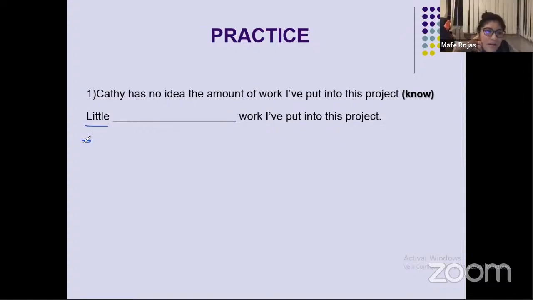It means little idea, you know? She almost doesn't know. Little does she know the amount of work I put into this project. Exactly. Okay, I think I'm getting this.